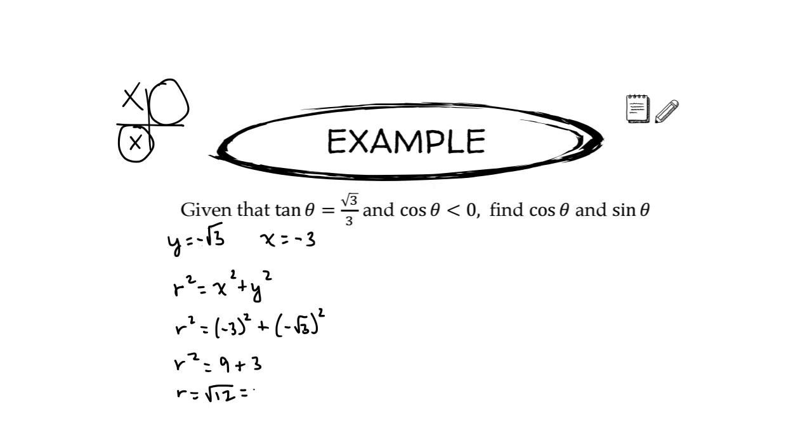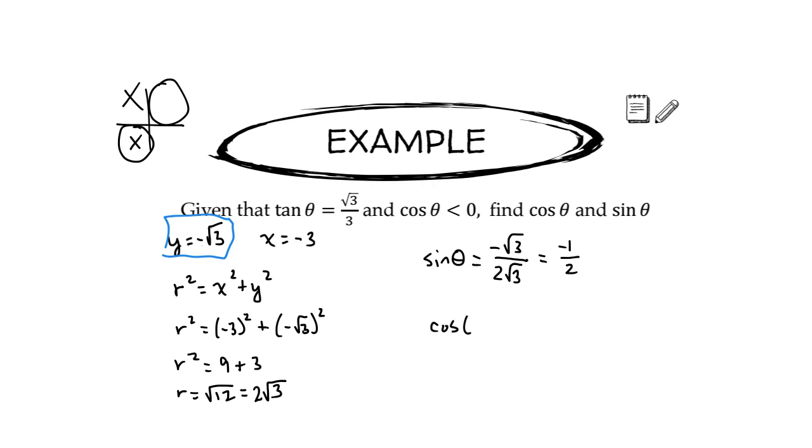Square root of 12 can be simplified as 2 root 3, and therefore the sine is my y-coordinate right here, negative root 3, divided by my radius, 2 root 3. And that simplifies to just negative 1/2.